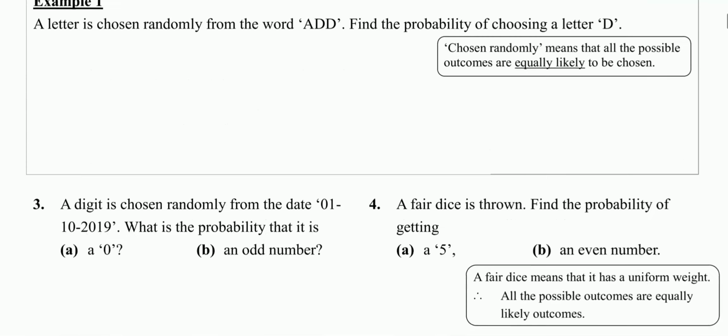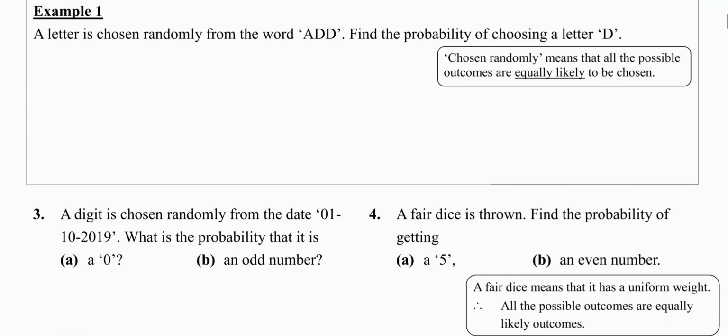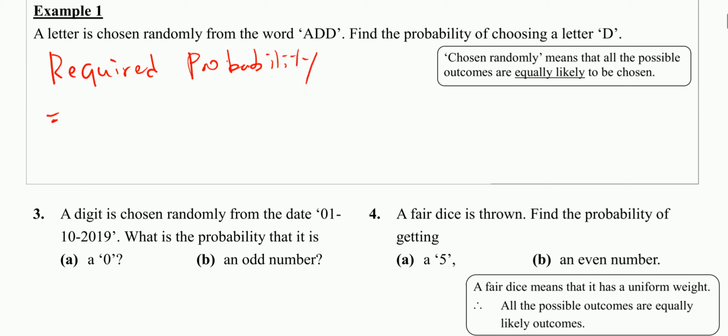And okay, we can make use of some examples here. First of all, you want to find the probability of choosing the letter D. We can simply write down the required probability, and refer to the definitions. The denominator refers to the number of all possible outcomes.